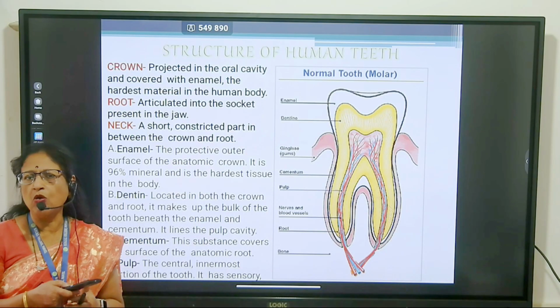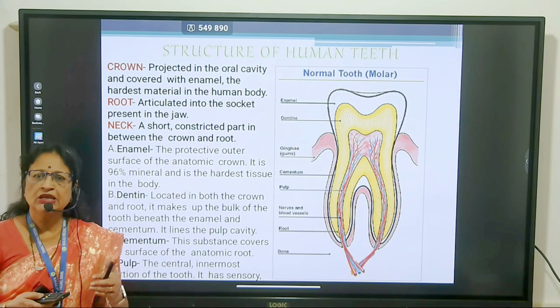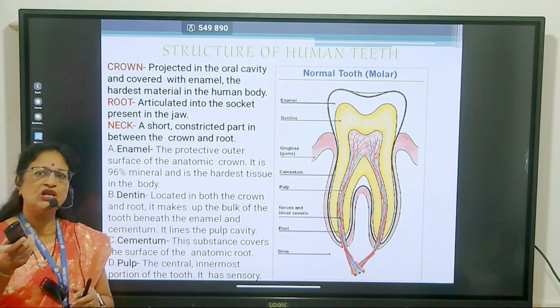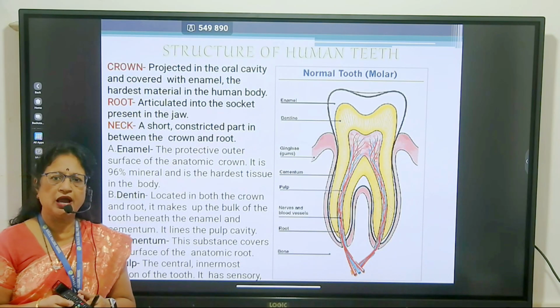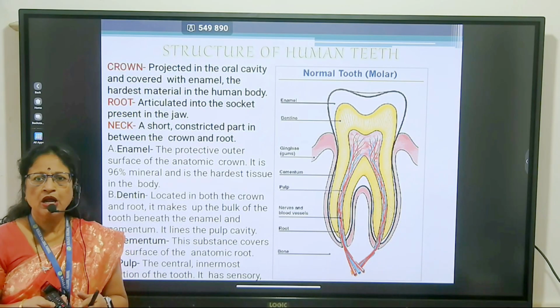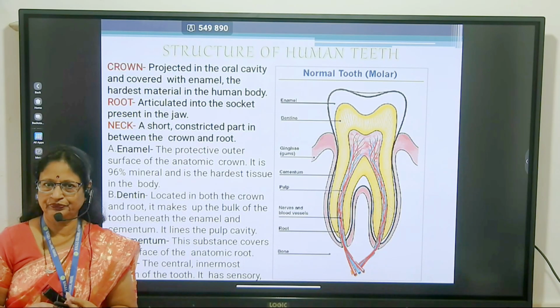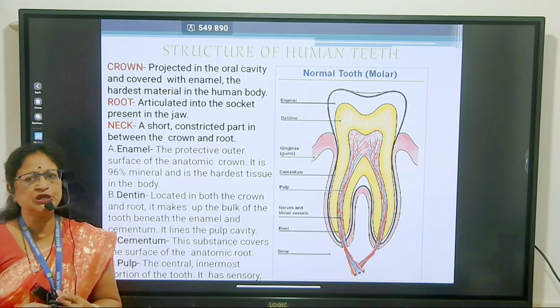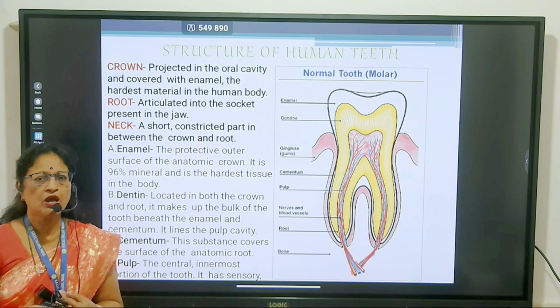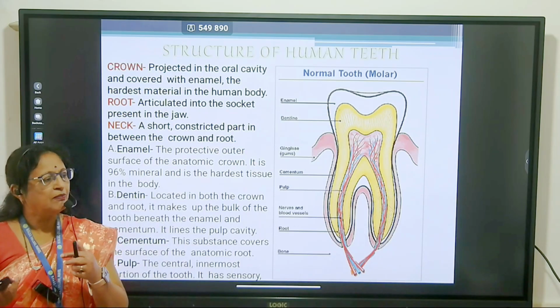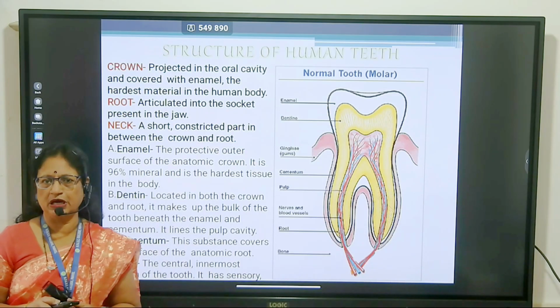Now the crown shows three different parts. The outermost whitish colored structure is called enamel. Enamel is the hardest tissue of our body and it is whitish in color. 96% minerals are present inside this enamel.